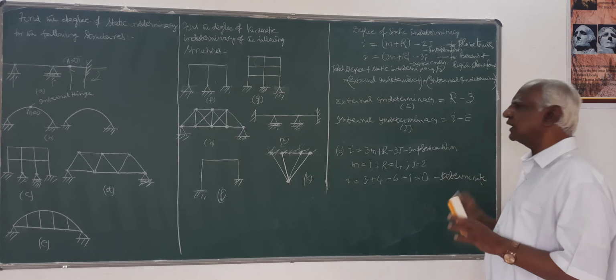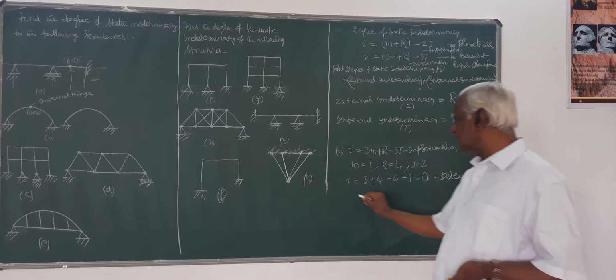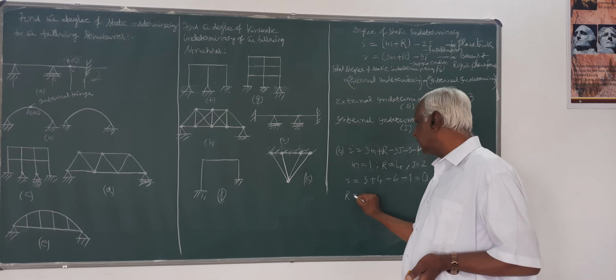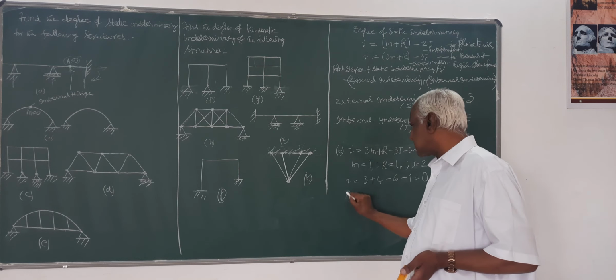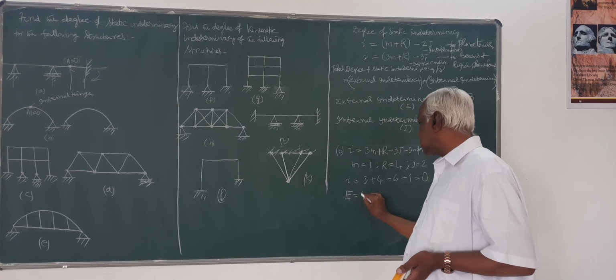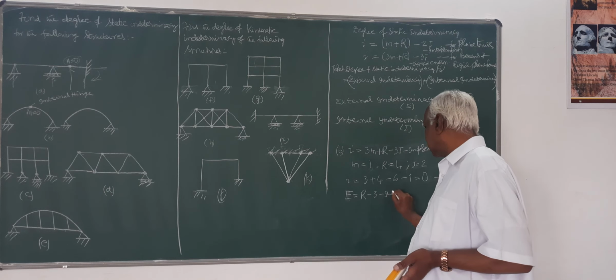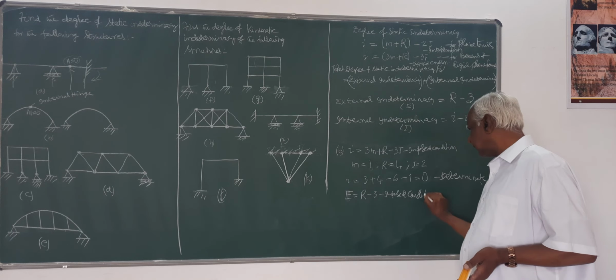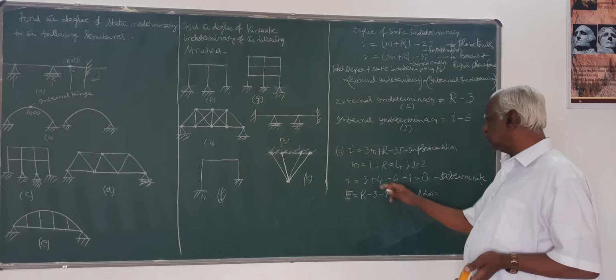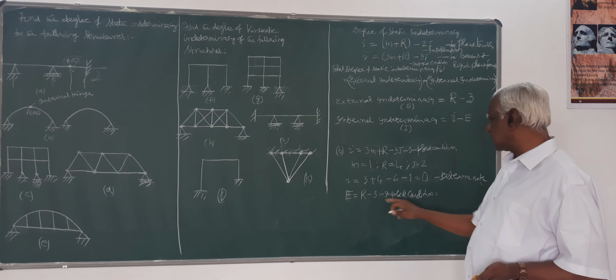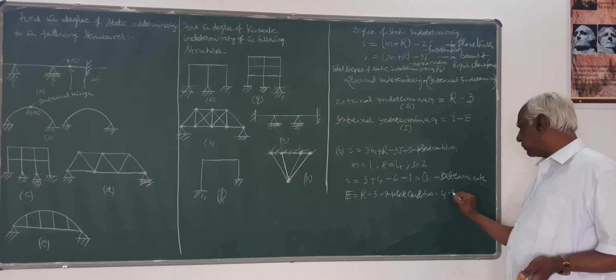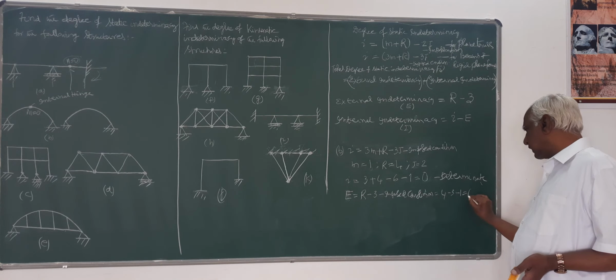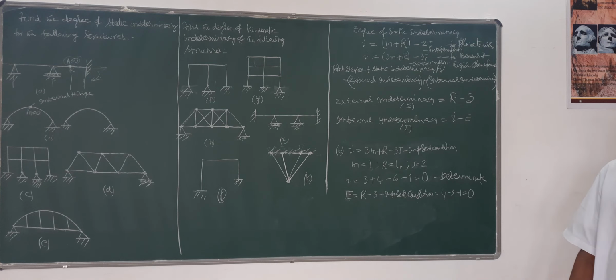Here it is a determinate structure, and of course you can check that the degree of external indeterminacy is equal to R minus 3 minus imposed condition. So R is equal to 4, minus 3, minus imposed condition 1, that is also 0.